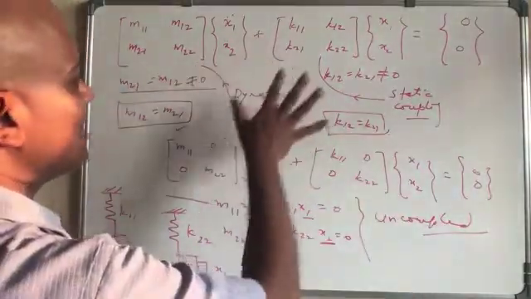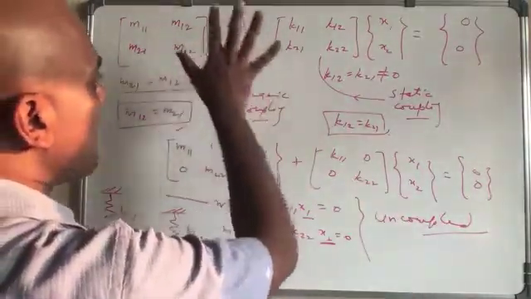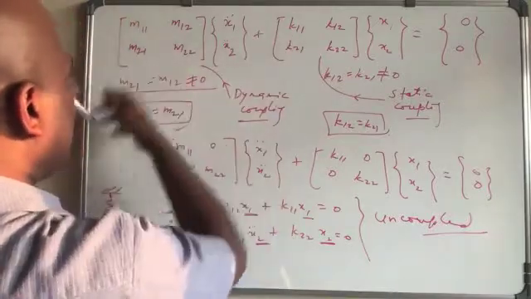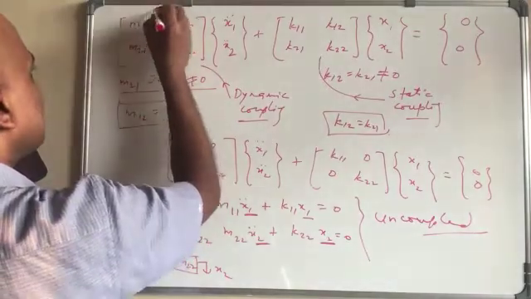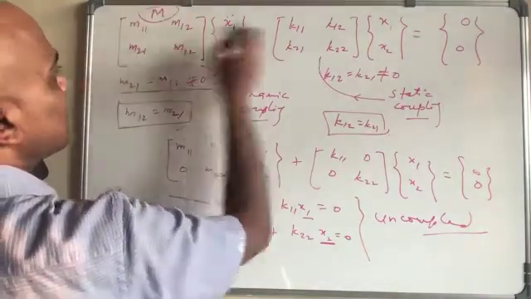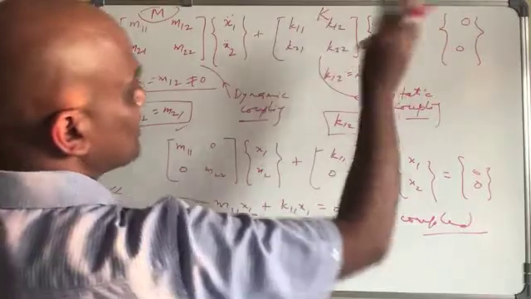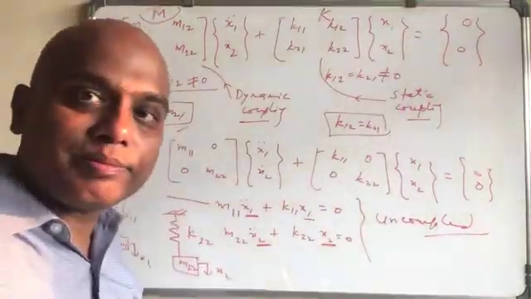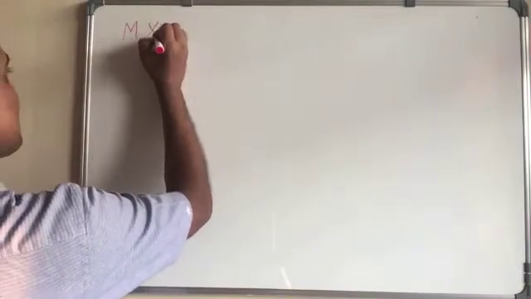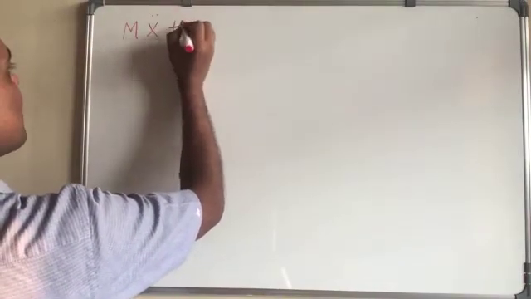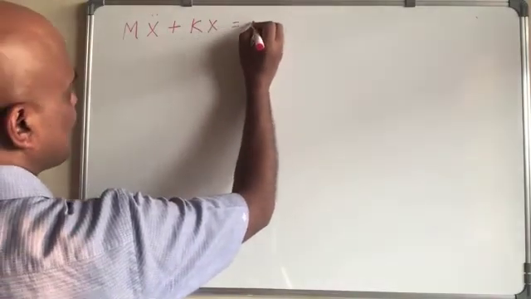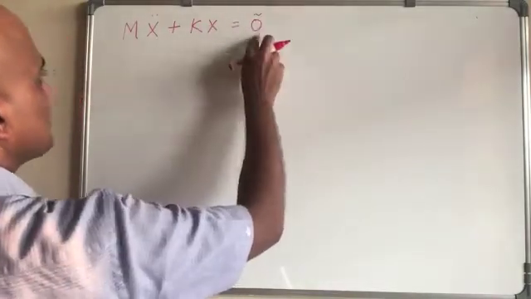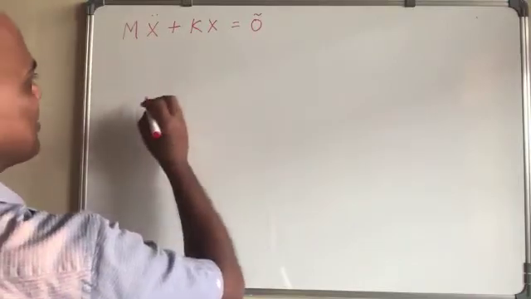So instead of writing M1, M2 like this, we will just write M cap. This is matrix M, this is matrix K, and from there we will go ahead. A general equation will look like M x double dot plus K x equal to 0, where 0 is a vector and x is also a vector.